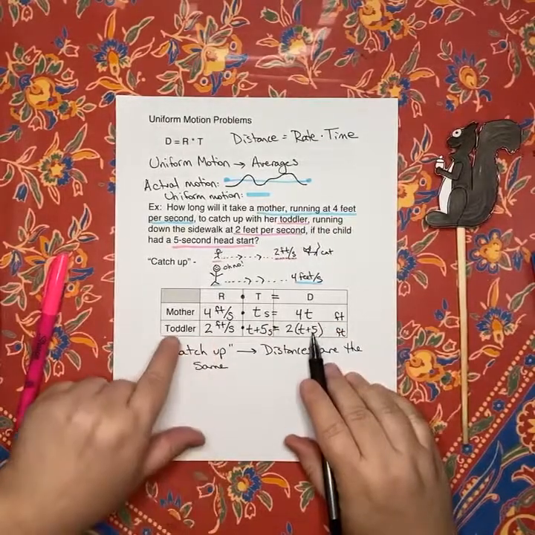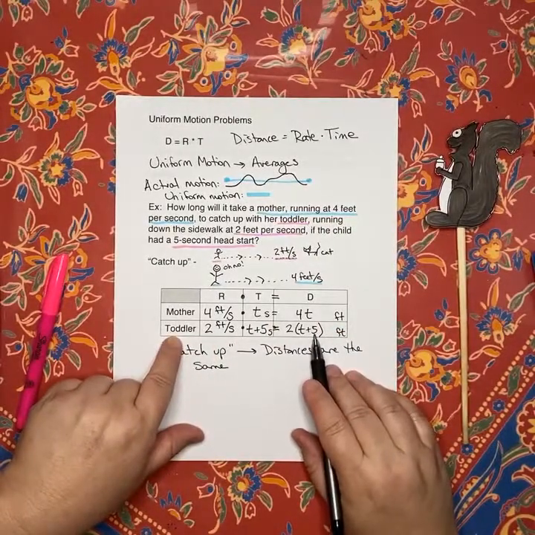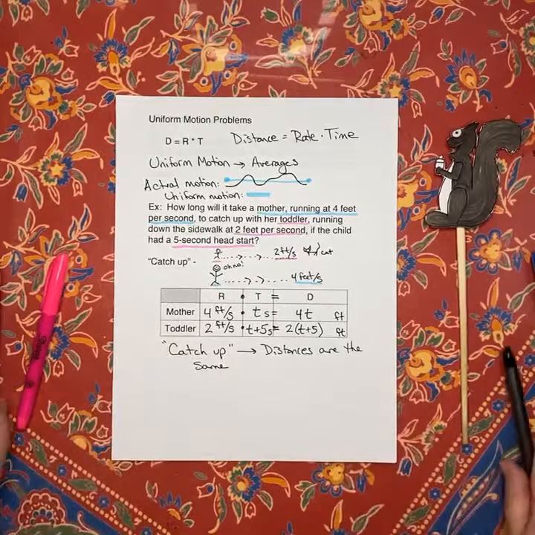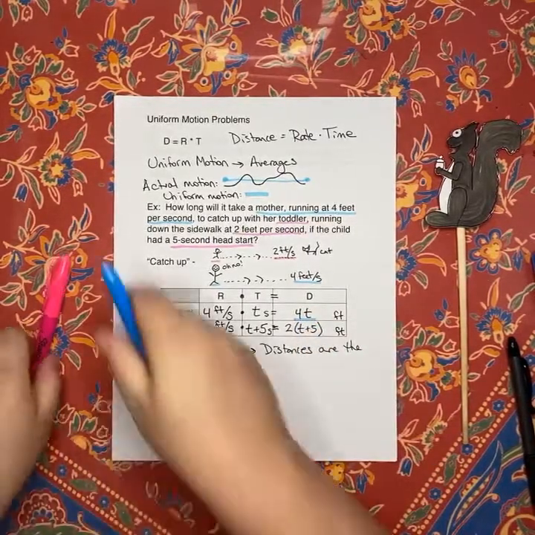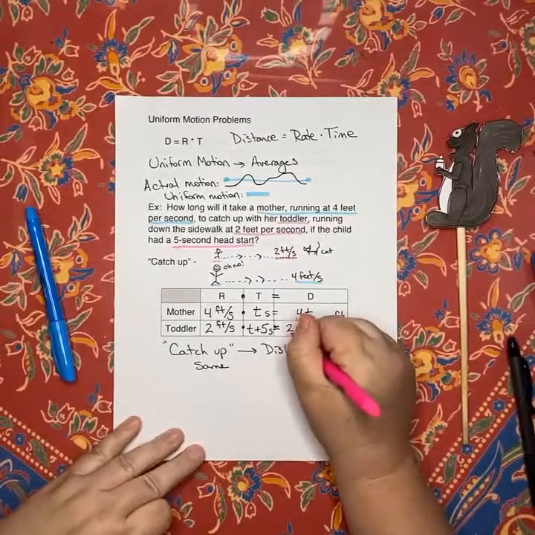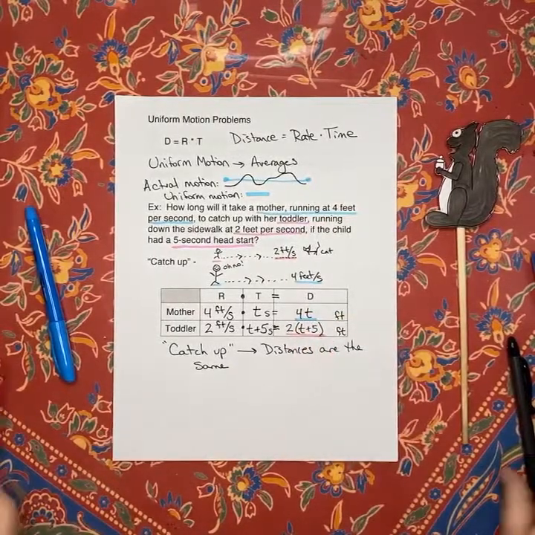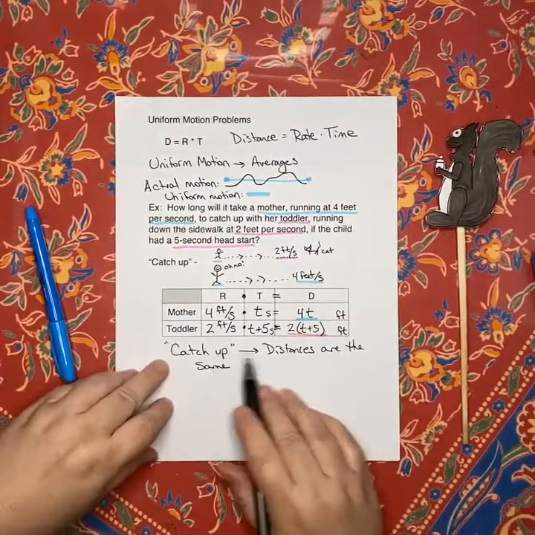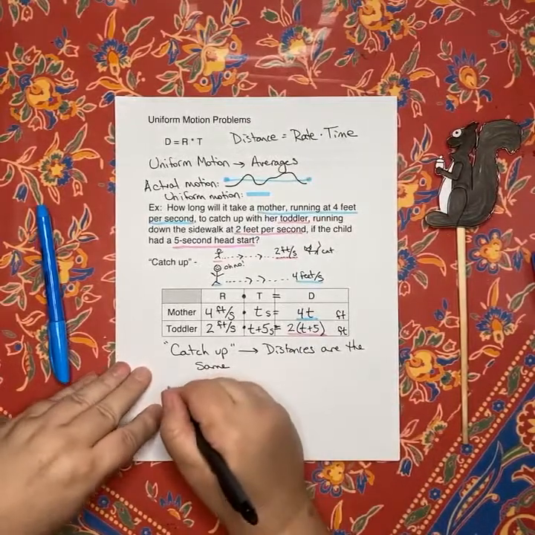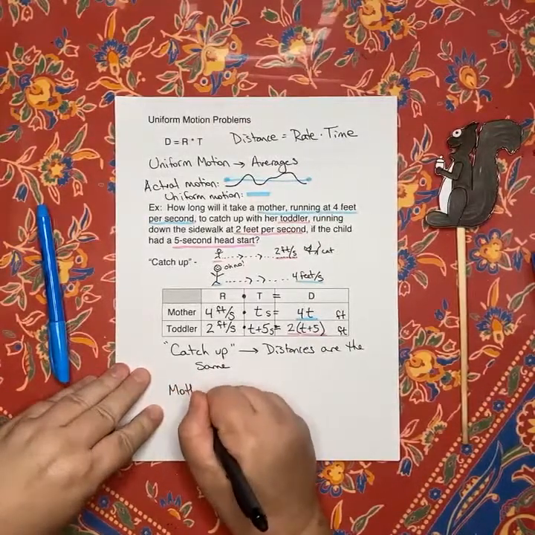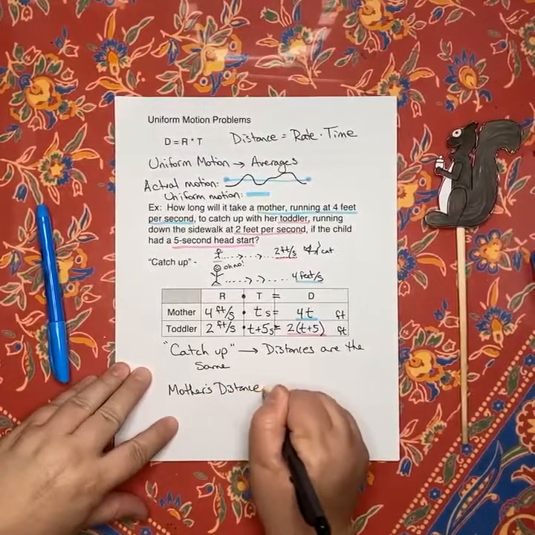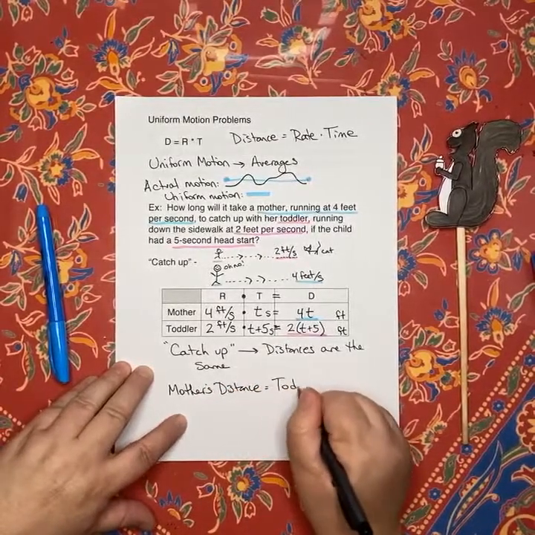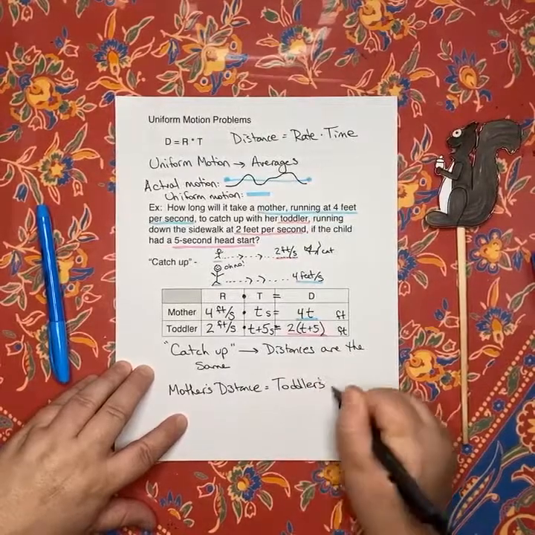Remember, the toddler was running for 5 extra seconds. So we've got the mother's distance right there, and we've got the toddler's distance right there. So if they're going to catch up, the distances are the same. So the mother's distance equals the toddler's distance.